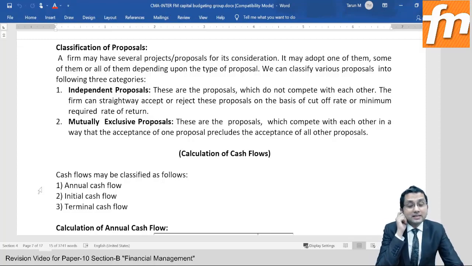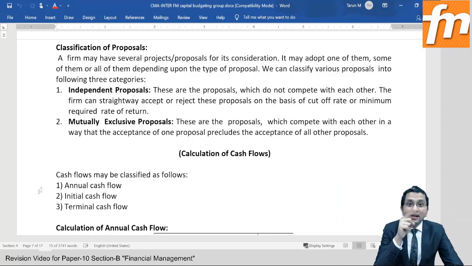When you appear in the CMA intermediate examination, you and your friend and thousands of other students are all independent proposals for ICMA. If I pass, my friend will fail, nothing like that. Both of us can pass, both of us may fail, one of us can pass.